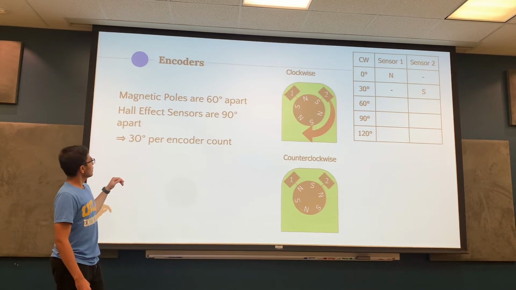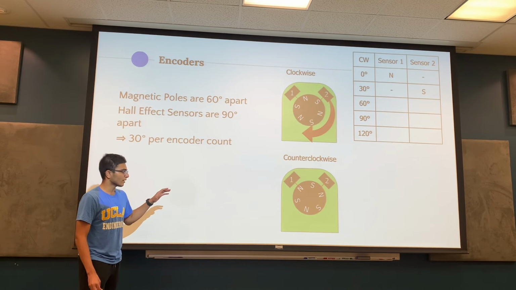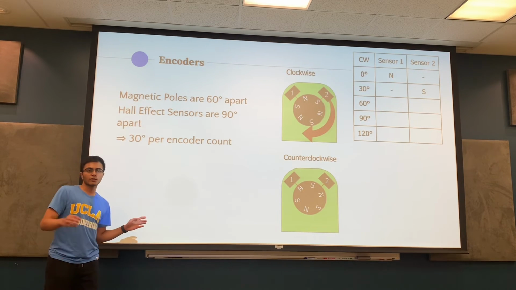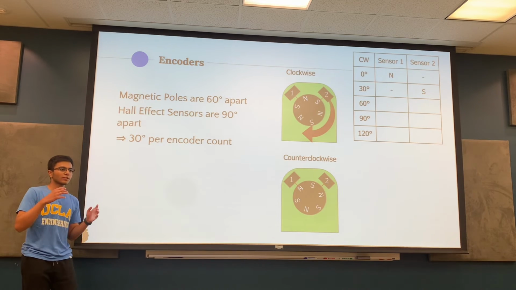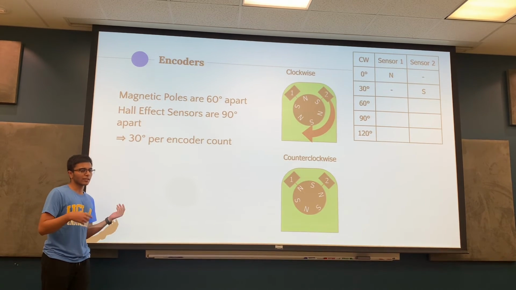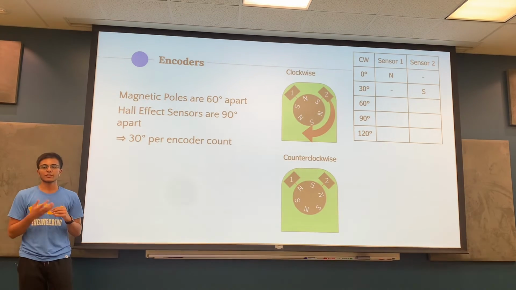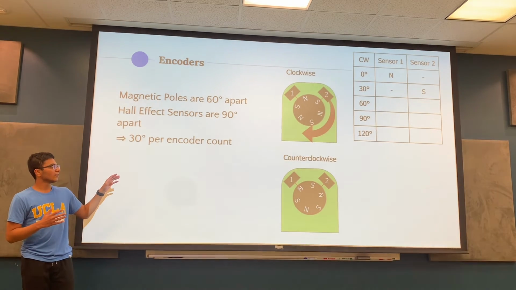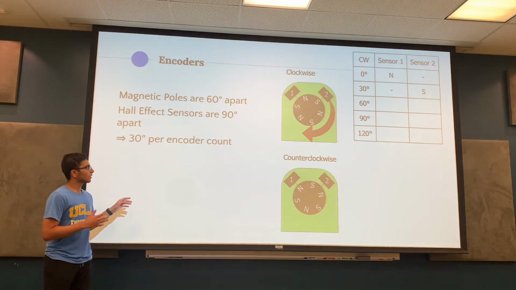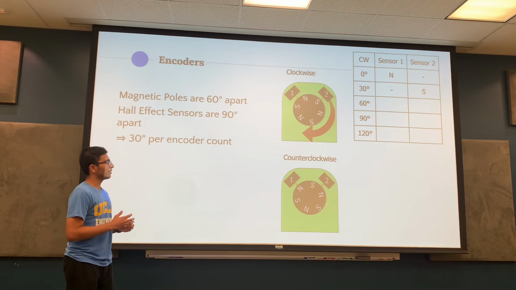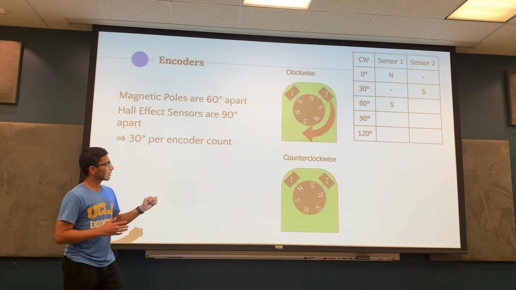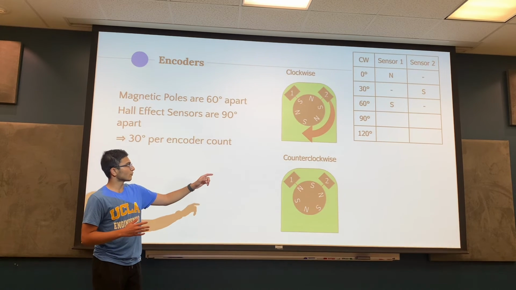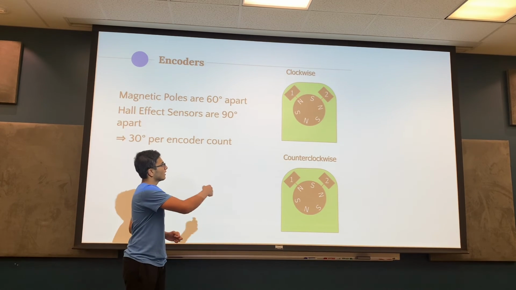Based off of whether the motor is spinning clockwise or counterclockwise, the encoders can actually tell which way it's spinning based off of the phase of the signals. Let's look at the clockwise rotation first.